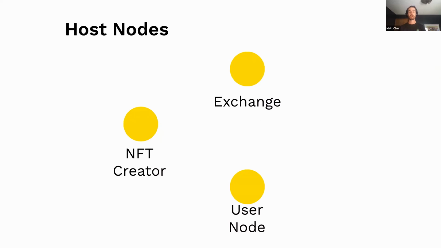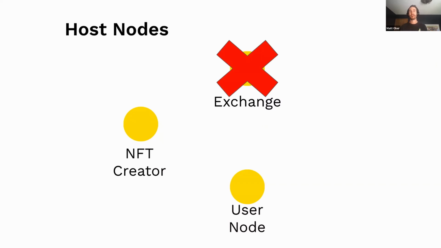The NFT creator smartly utilized IPFS for their off-chain data, and they are hosting a node, making sure that content is available for their project. And then the third use case is a user-controlled node, where the user has basically said, I am going to host this content myself because I want to make sure that I am truly in control of my data.